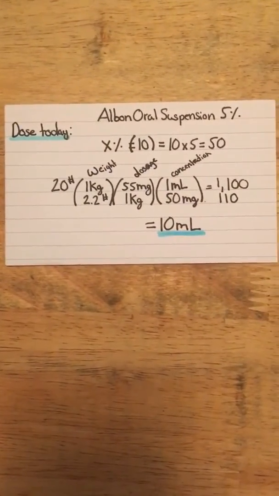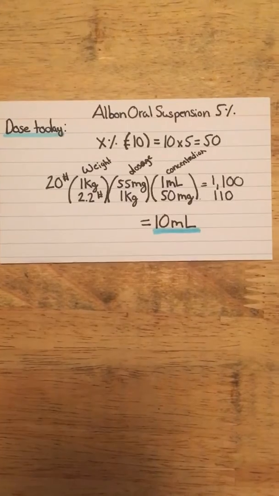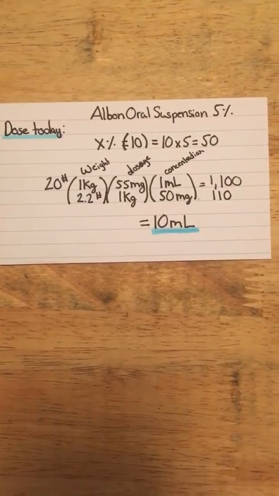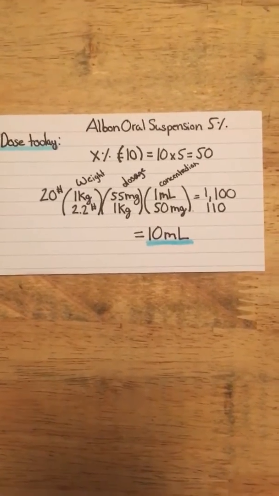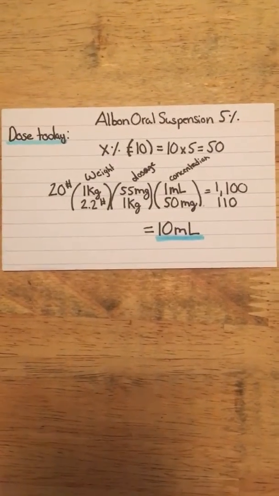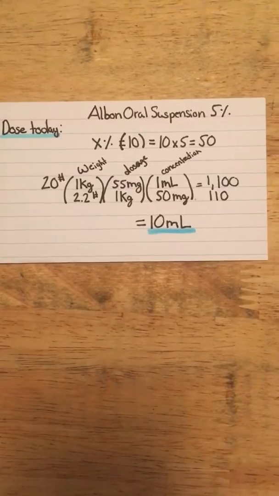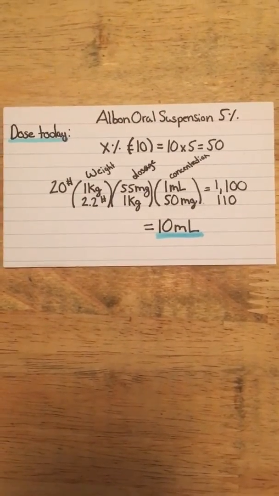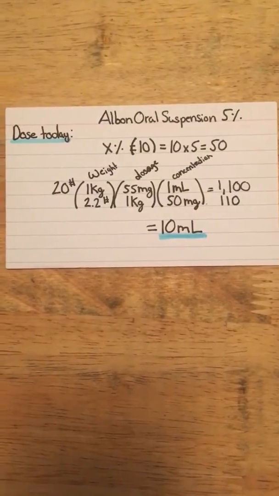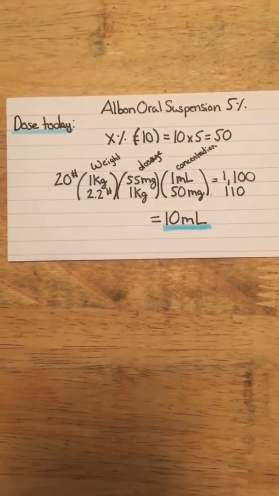So to calculate the dose for today, again, it's Albon oral suspension 5%. The first thing that we need to do is change 5% into milligrams in order to get it into our equation. So we're going to take our percentage, which is 5%, multiply it by 10. So we take 10 times 5, it'll give us 50.